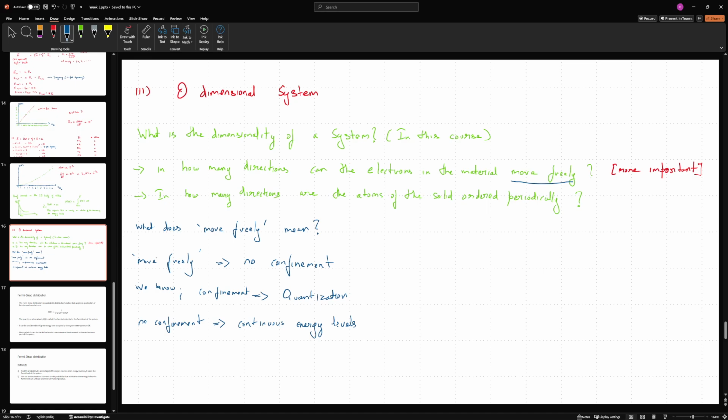When I say an electron can move freely, I imply no confinement, so the electron may have any momentum value.